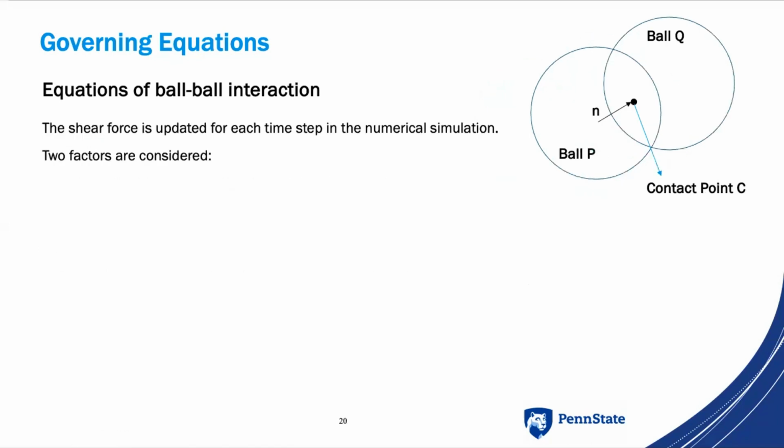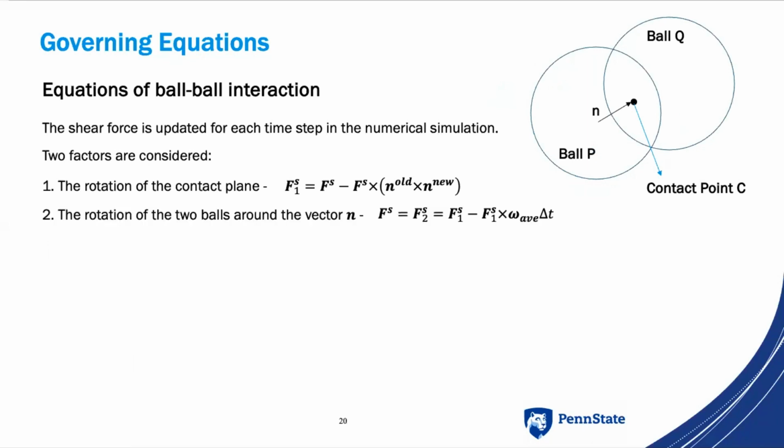In the numerical simulations, the shear force is updated at each time step, considering two main factors. First, we consider the rotation of the contact plane. Here, the initial shear contact force is rotated around the intersection line of the old and the new contact planes.